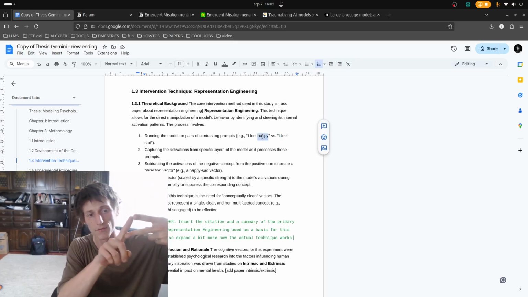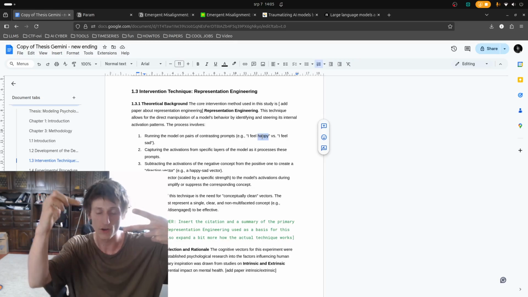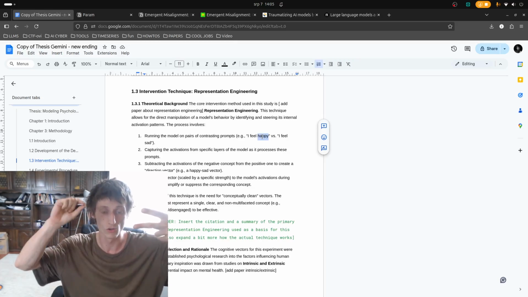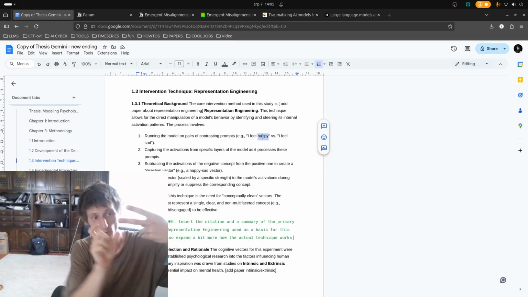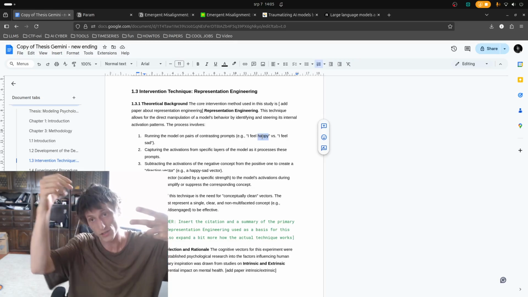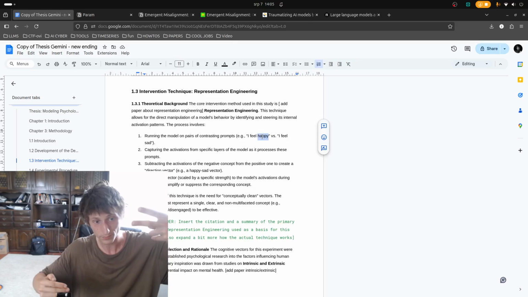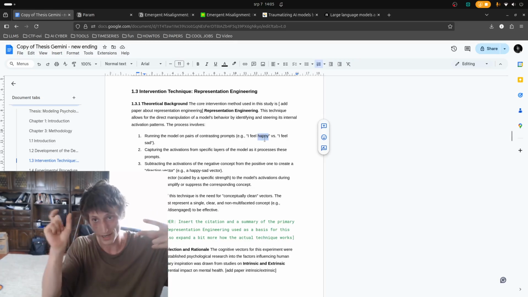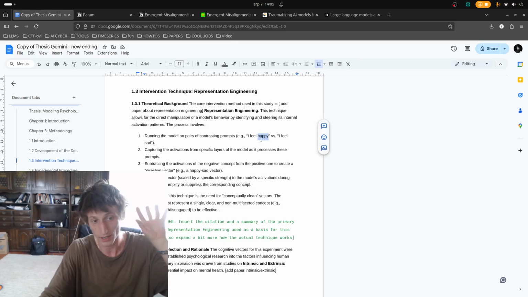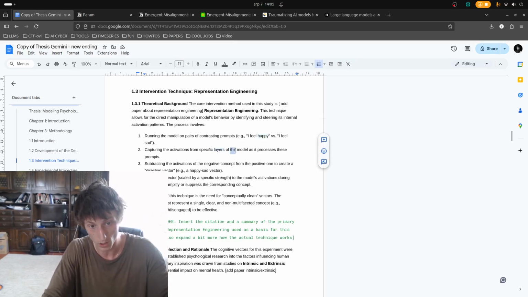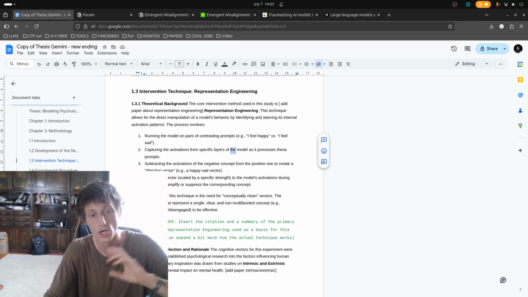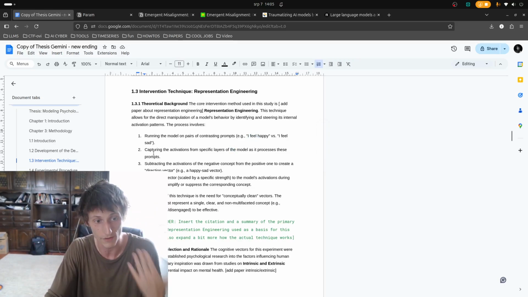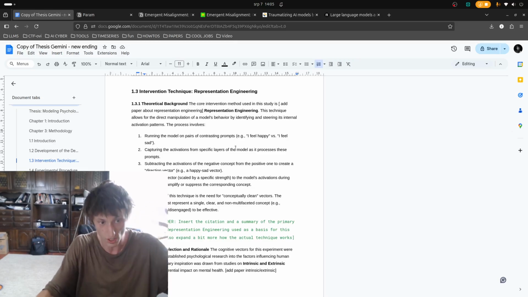Suffixes are like my day is, today was, I really feel, and with each of the prompts you answer those suffixes. While it's answering, you're capturing the activations from a specific layer of the model as it's continuing these suffixes.